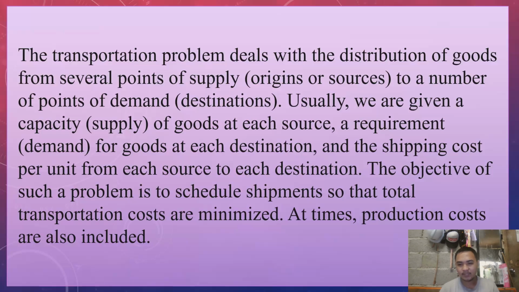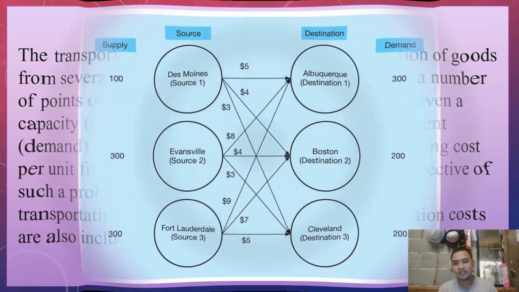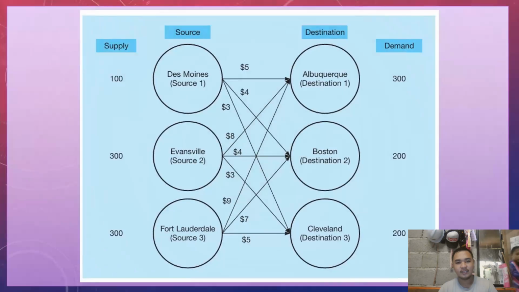To elaborate further, we have here a diagram which shows the different sources and the different destinations of the goods. On the left side, we have the supply, or the amount of goods readily available. And the demand is the amount of goods required by each destination.